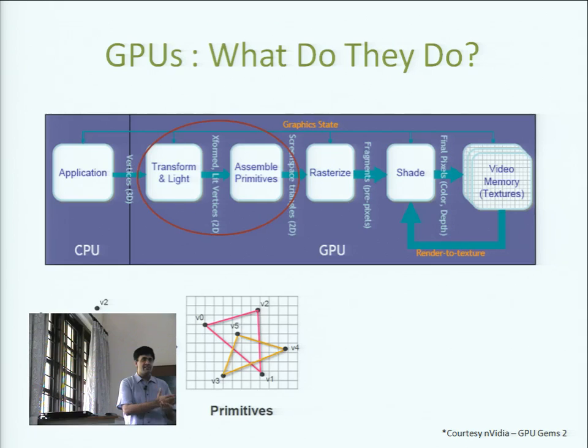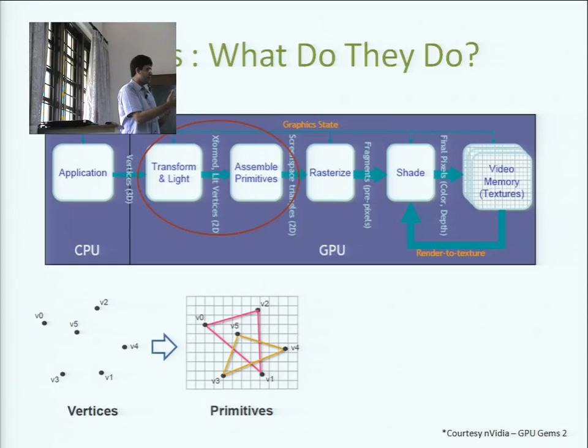The user has given you these vertices in some coordinate system, which is his scene or even per object, and these have to be translated into another coordinate system from which you can render it. So you want to rotate these vertices, scale them, and translate them, and all of these translate into matrix vector operations. Rotations and translations and so on are multiplying each of these points by matrices.